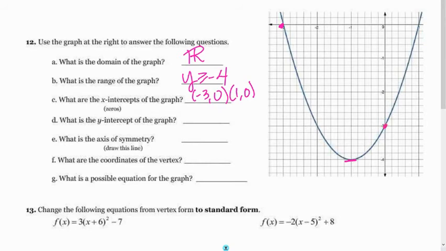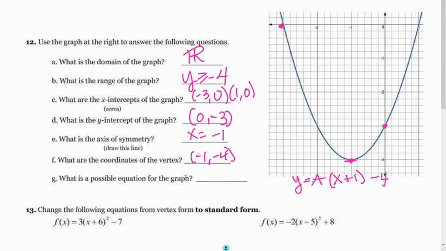The y-intercept looks like 0, negative 3. So my vertex here is negative 1, negative 4. So this is x equals negative 1 and a possible equation. So my vertex, so I have y equals a(x plus 1) squared minus 4.